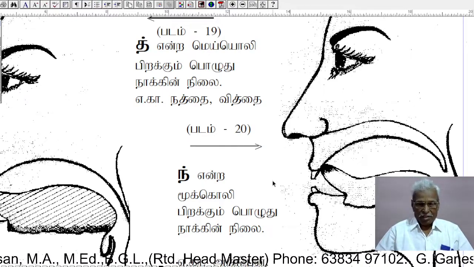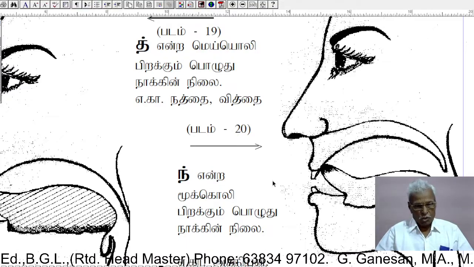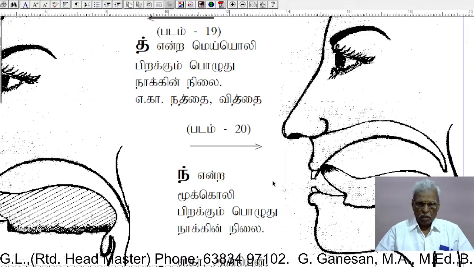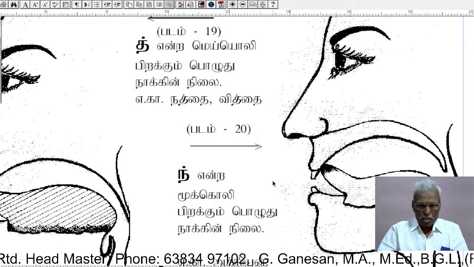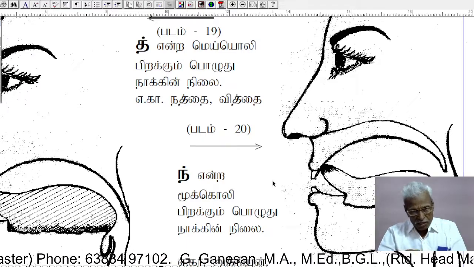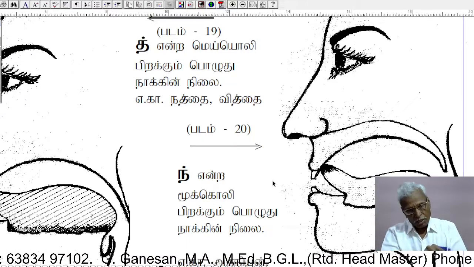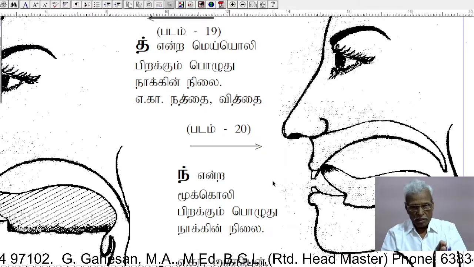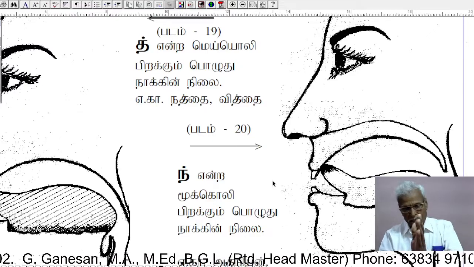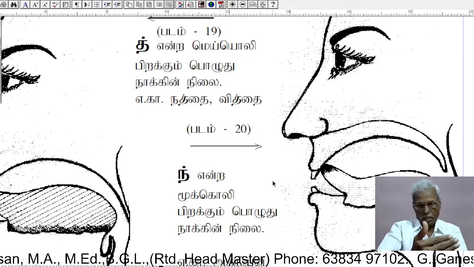Thus, let us define the production of this consonant phoneme. It is produced by raising the tip of the tongue towards the upper teeth ridge, making a tight contact, and sending out the blocked air through the nose.